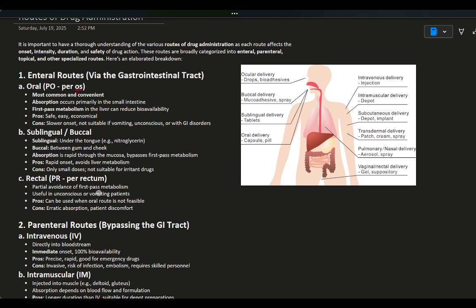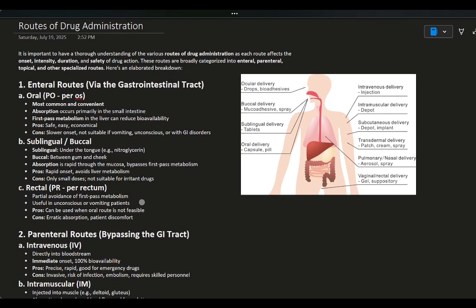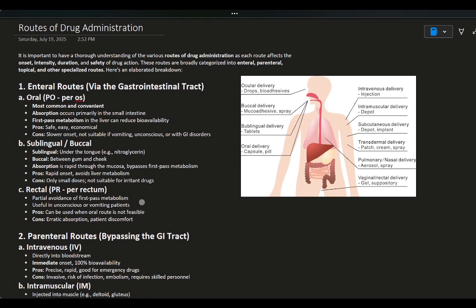But if the patient is conscious and would feel discomfort in this route, then you might as well switch to the oral route or the sublingual route if you want to avoid first pass metabolism. So understanding the drug mechanism in addition to these different possible routes will be the key to providing effective treatments for your patients.